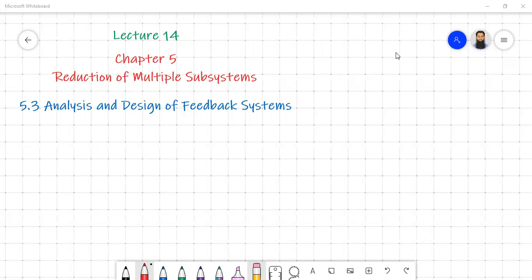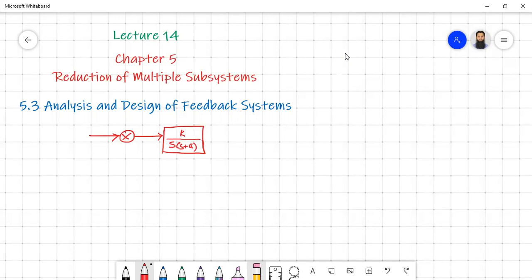have a unity feedback system as well. So a similar scenario will have something like this: a unity feedback system. And if you look at the forward path gain here, you'll realize this is basically similar to the transfer function we derived for the electromechanical system.